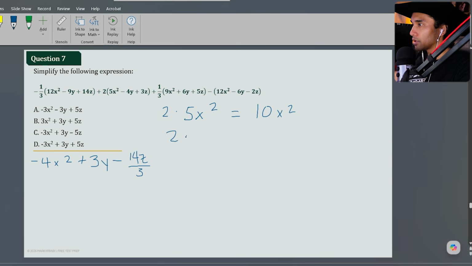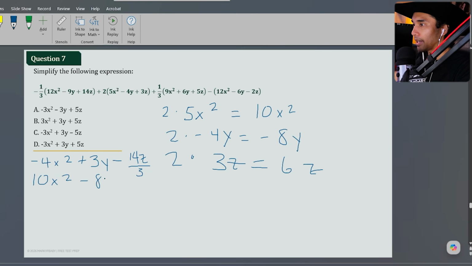Okay, 2 times negative 4y equals negative 8y. And then 2 times 3z equals 6z. Okay, so I'm going to write those down. 10x squared minus 8y plus 6z. All right, that one was easy. We like those. All right.